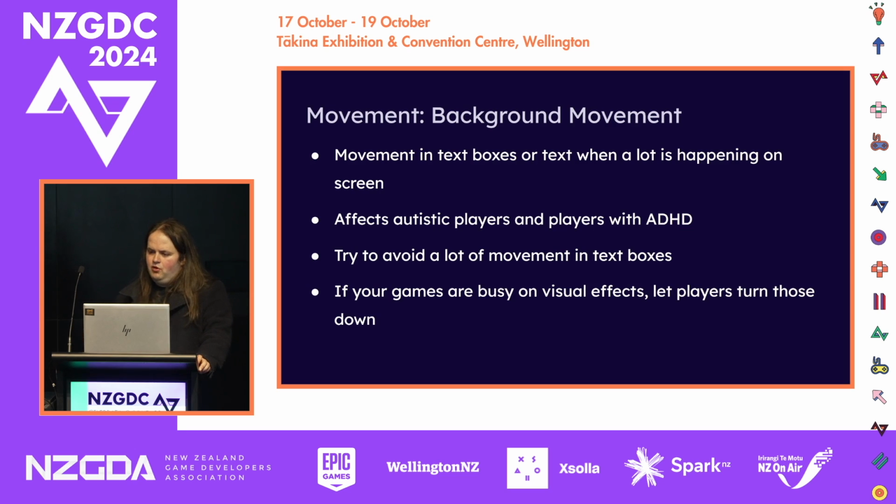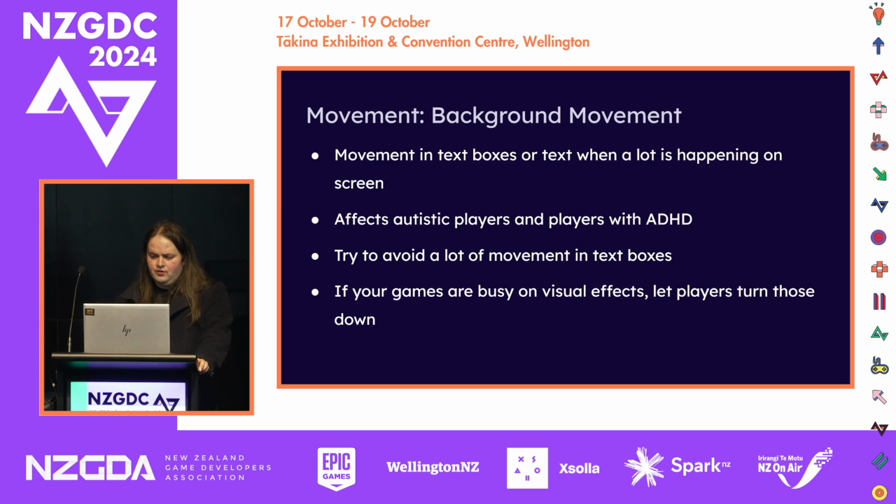Let's also talk about movement that is happening around the text, something like animations in the text box that is holding the text, or lots of particles and all that flying around the screen while text is being displayed. This can make text harder to read for players with ADHD or for similar reasons to text moving. The movement can be distracting enough that players miss reading the text.